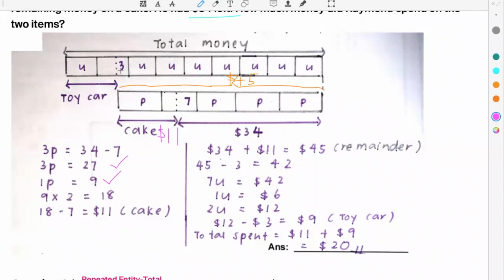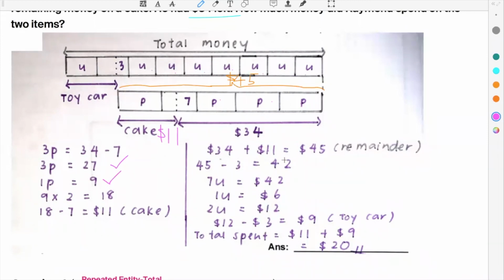This $45 includes the $3 at your first level. So $45, you minus away $3 to get a value of 1, 2, 3, 4, 5, 6, 7 units. Is this all right?